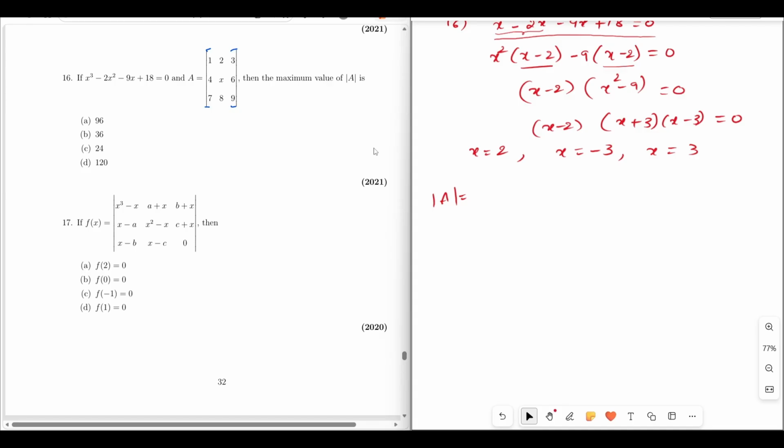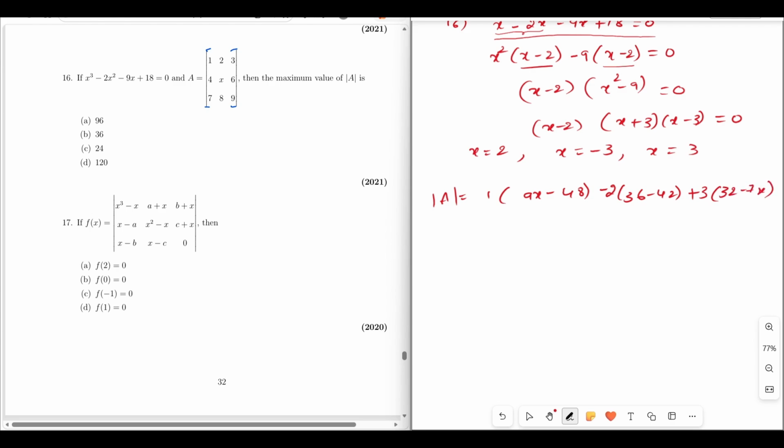Determinant A is equal to 1 into 9x minus 48, minus 2 into, eliminating this row and column, 36 minus 42, plus 3 into 32 minus 7x.